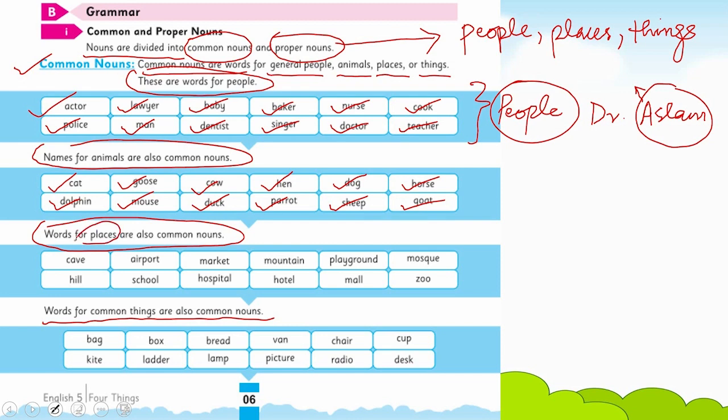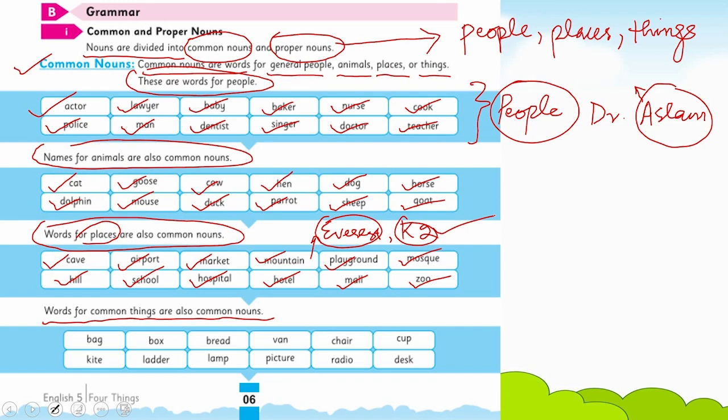The third is the noun for the places. So the common nouns are cave, airport, market, mountain, playground, mosque, hill, school, hospital, hotel, mall, zoo. Now here it is not mentioned which mountain, Mount Everest or K2. If it is mentioned, then it will be considered as a proper noun.